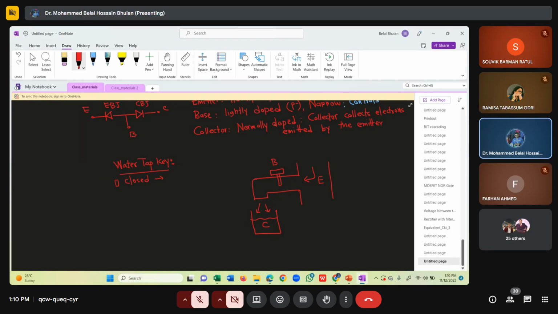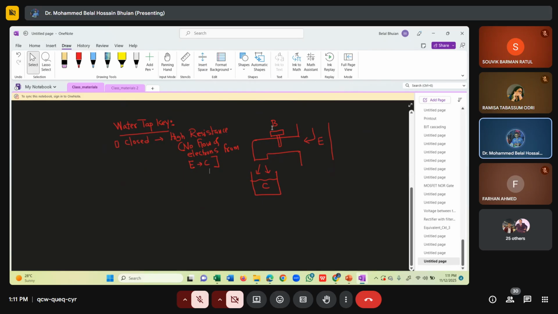There is no flow of electrons from emitter to collector if it is closed. Same thing: if the base is controlled such that it is closed, there is no flow of electrons from emitter to collector.